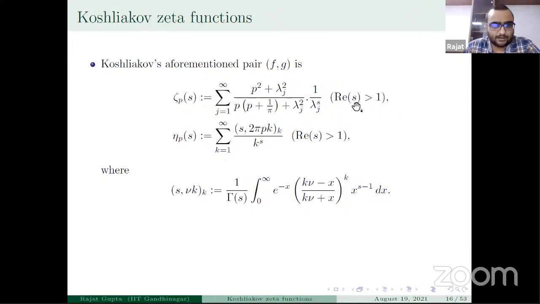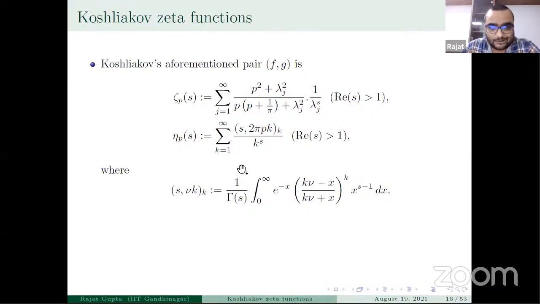And here I want to mention a fact which we'll see later, that if you take p tends to infinity, in that characteristic equation the root lambda j goes to j, an integer, and if you take p tends to 0, lambda j goes to j minus half for every j. So if you apply that fact here and take the modulus, you will find that zeta p is absolutely convergent for real part of s greater than 1.